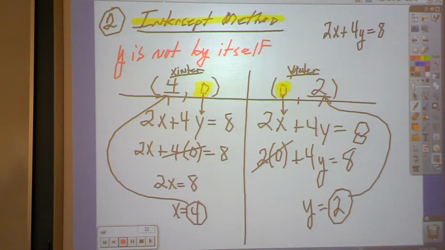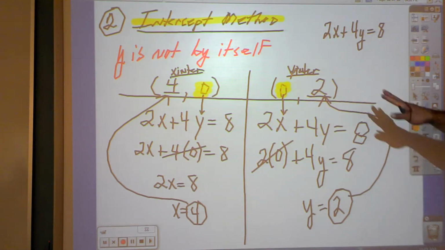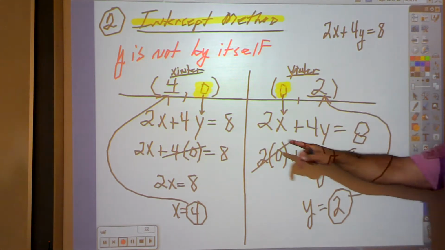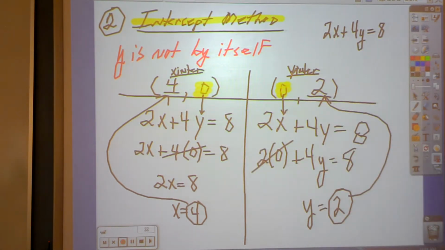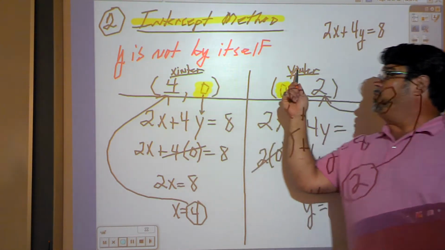What do students mess up here? Anybody want to take a guess? X and Y axis. They plot the wrong point on the wrong axis. They do all of this correct, and they plot this on the y-axis, and they plot this on the x-axis. So that's why I put x-intercept here and y-intercept here.